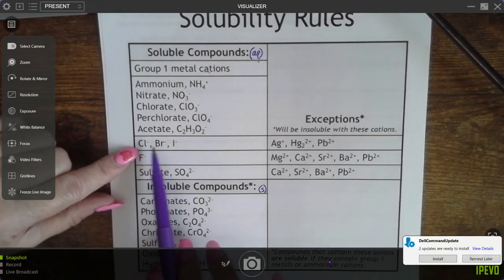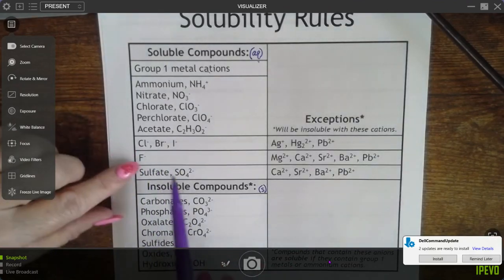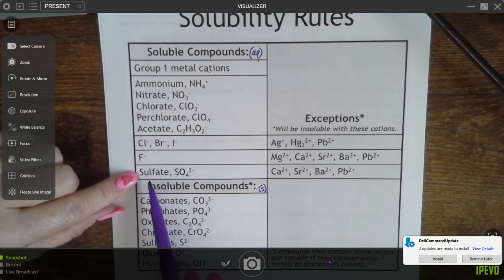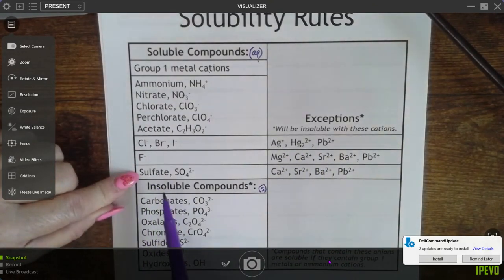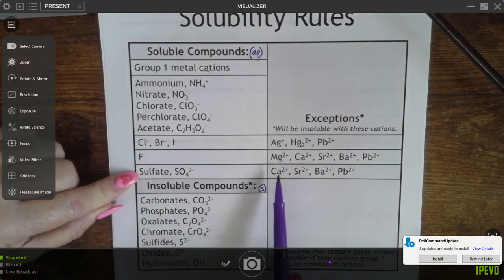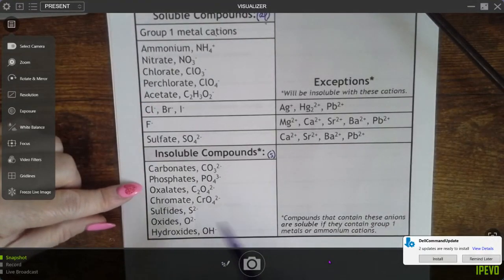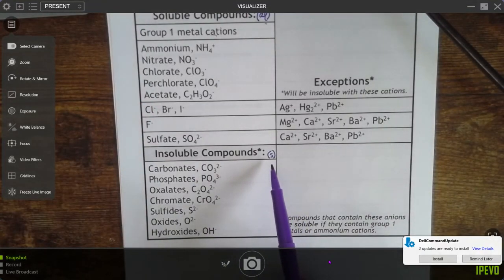Our halogens, chlorine, bromine, iodine, are soluble except these few compounds. Sulfates also are soluble except a few compounds. And then we get down here to our list of insoluble compounds. Okay, those compounds, when we come across them, when they're formed as products, we would put an S as their state of matter.